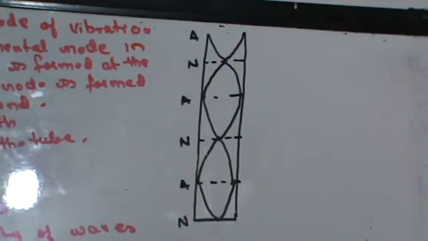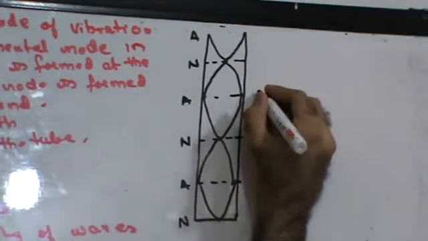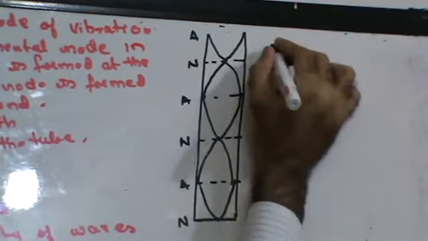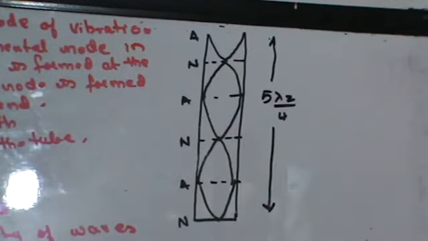In this case, how many 1/4 waves are formed? 1, 2, 3, 4 and 5. So that means the entire length is 5 lambda by 4. We'll call this lambda as lambda 2. The entire length of the tube is divided into 5 lambda by 4. Do you get this clear?